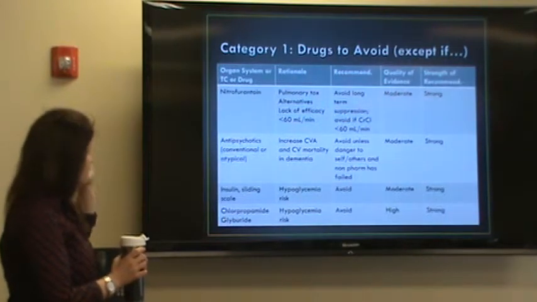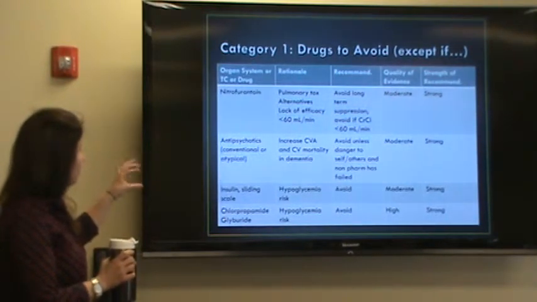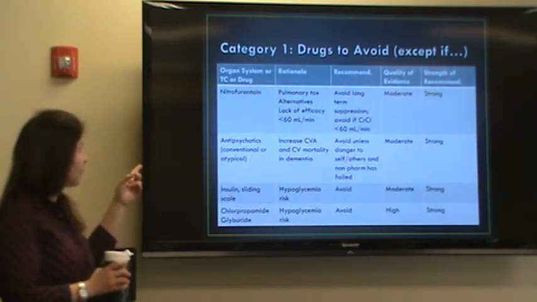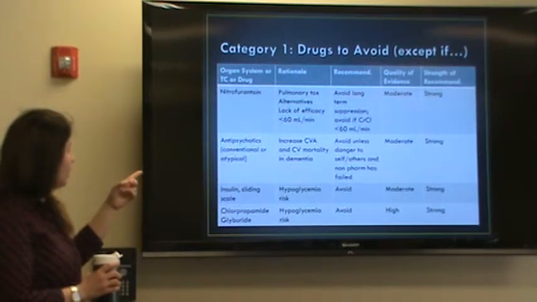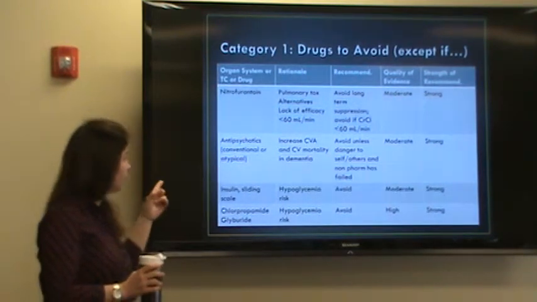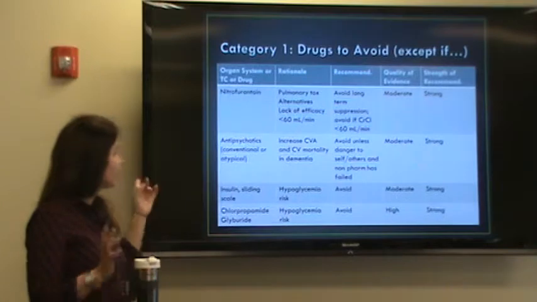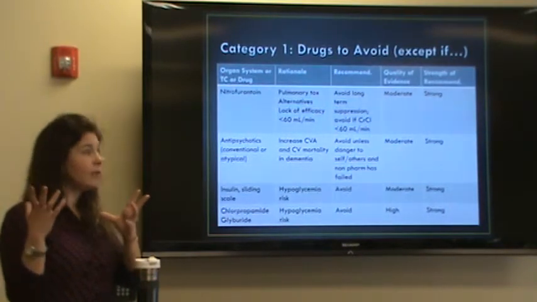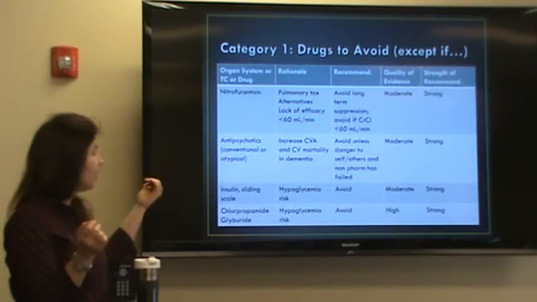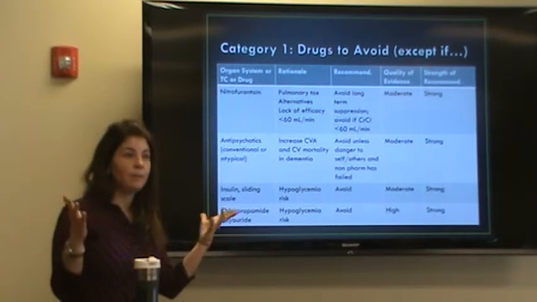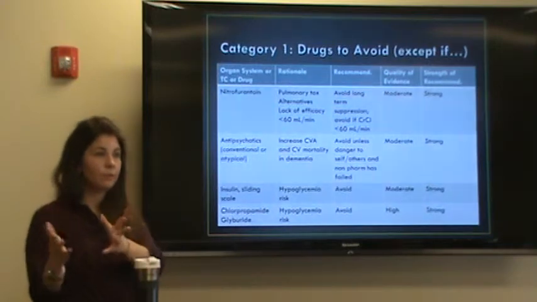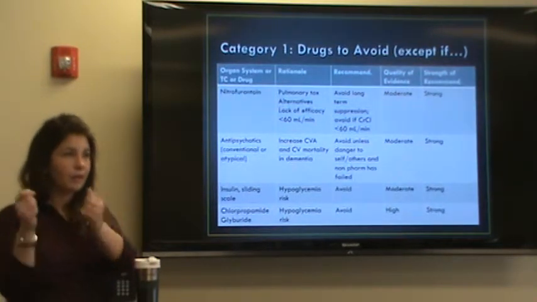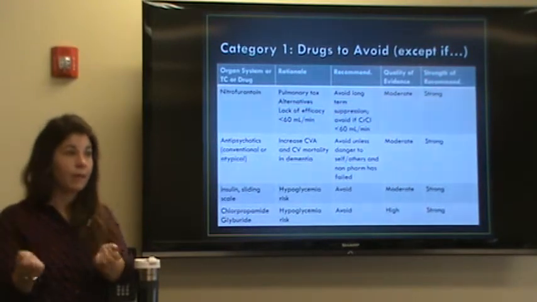Also drugs to avoid are antipsychotics, conventional or atypical, because they show increased cerebrovascular accidents and cardiovascular mortality, particularly in patients with dementia. This is kind of interesting. Maybe 15 years ago, CMS came into nursing homes and did a lot of work on reducing atypical antipsychotic use. If an elderly patient with dementia had some sort of behavioral disturbance, they got Haldol, and they gave a lot of Haldol.